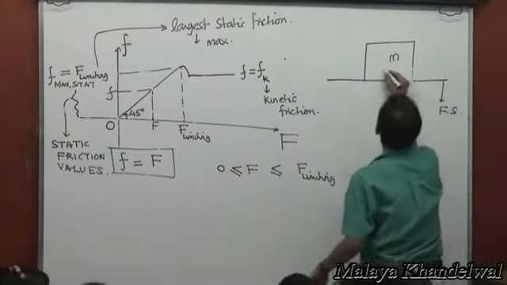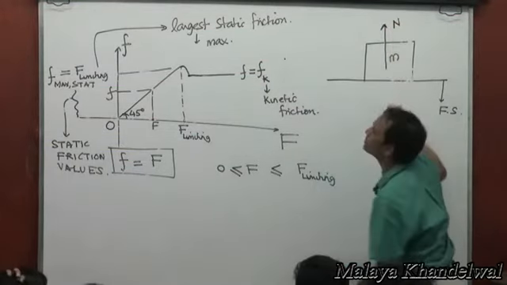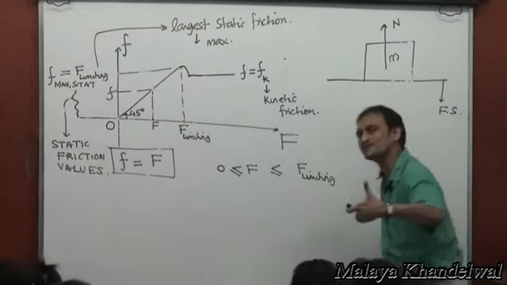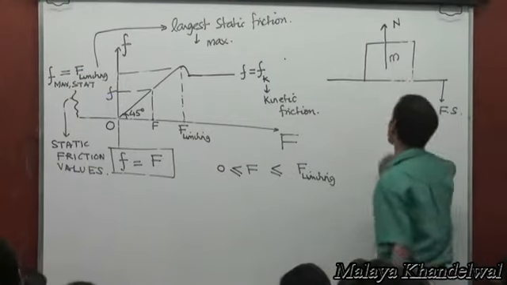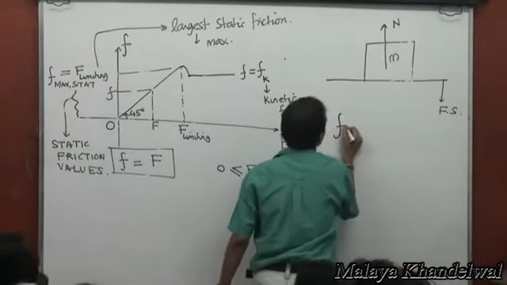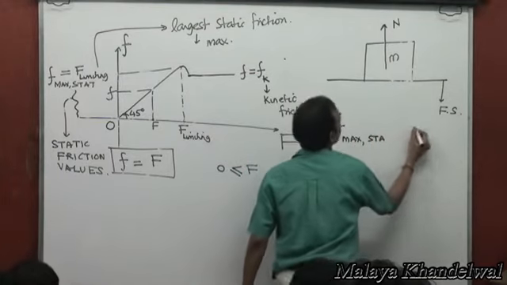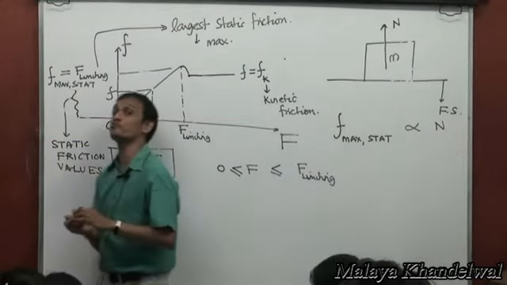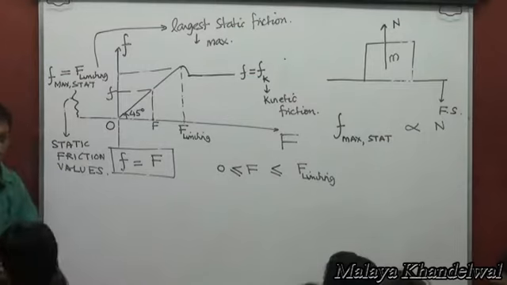The force that they exert on each other is measured by N. The extent to which they press each other is measured by the normal reaction between the two surfaces. So it's been found that this maximum static friction force is proportional to the normal reaction between the two surfaces.